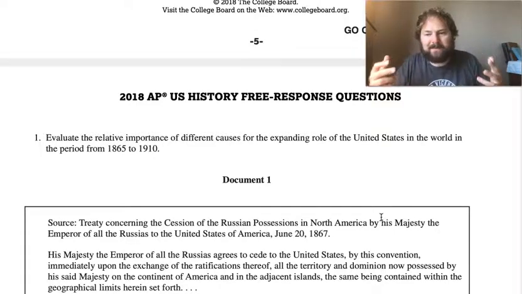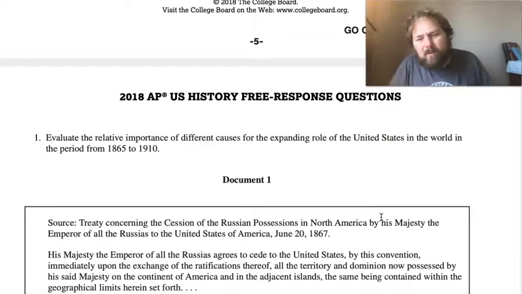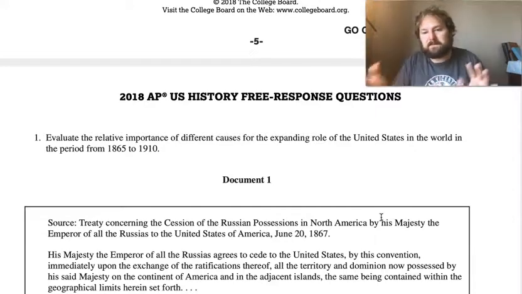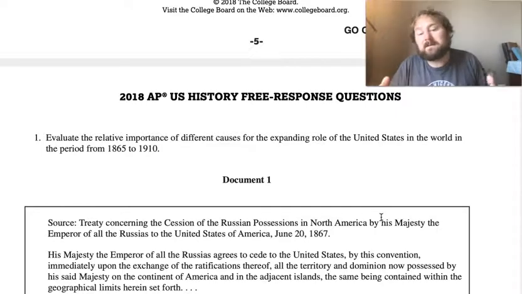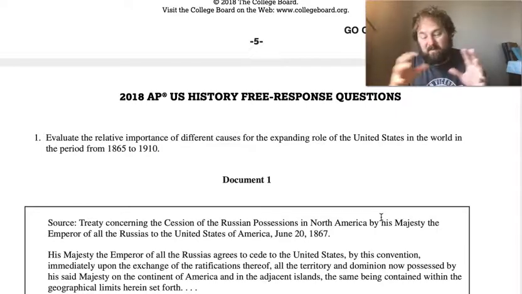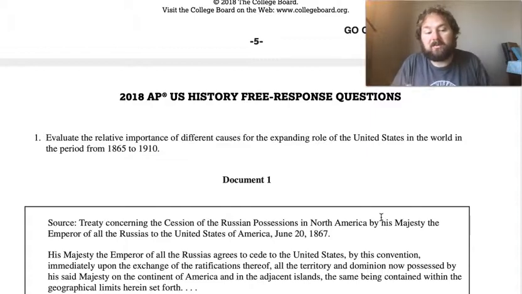And immediately you should be thinking, in this time period, were there any kind of wars that we're talking about? Well, it's the end of the Civil War, so that might be good for context, but let's put that off for now. What was going on in 1865 to 1910? There's wars with Native Americans where we expand and gain more and more control over the continent.